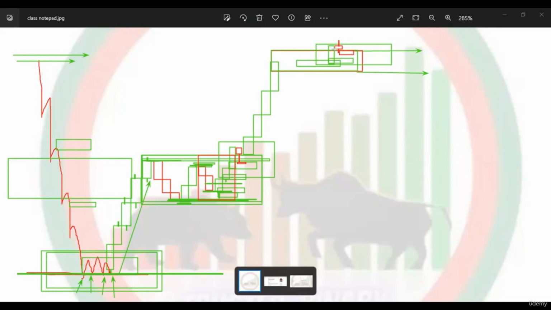When it's a stop bar, this is one piece of data that yes, the market may go up now, but it's not confirmed till now. Now buyers again entered in the market.